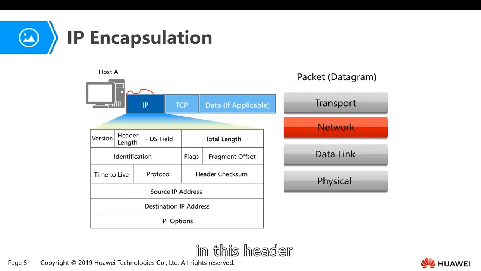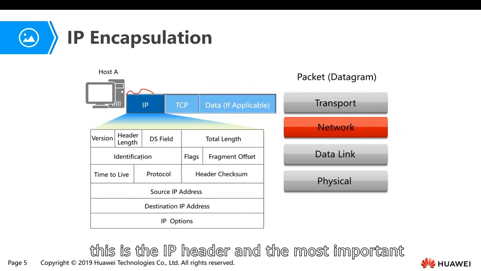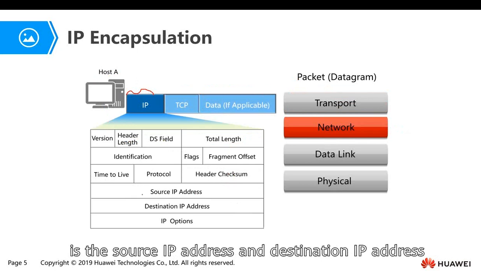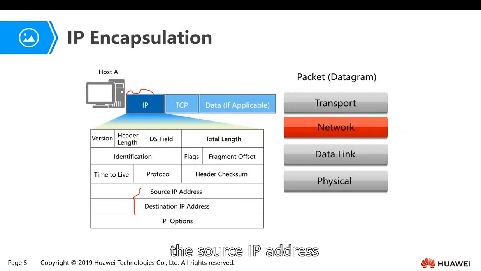In this header, the most important are the source IP address and destination IP address. The source IP address is the IP address of host A, and the destination IP address is just server A's IP address.